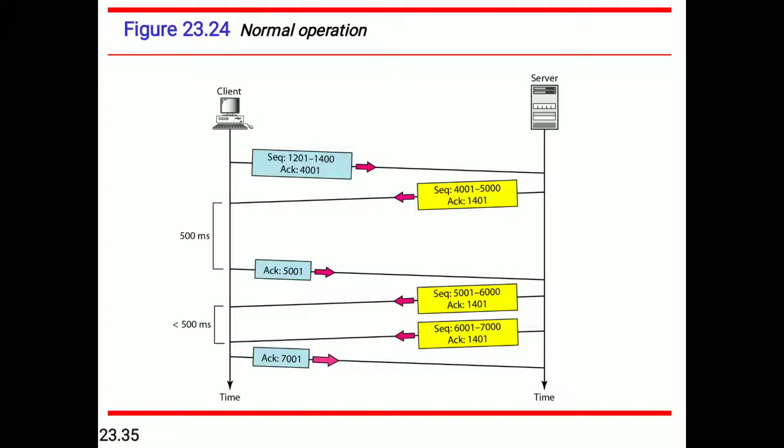That means it is waiting for the sequence starting from 1401, and it is sending the data starting from 6001 to 7000 without waiting for the acknowledgement. The client is giving the acknowledgement 7001, which means that it has received up to 7000 and it is waiting for sequence number 7001.